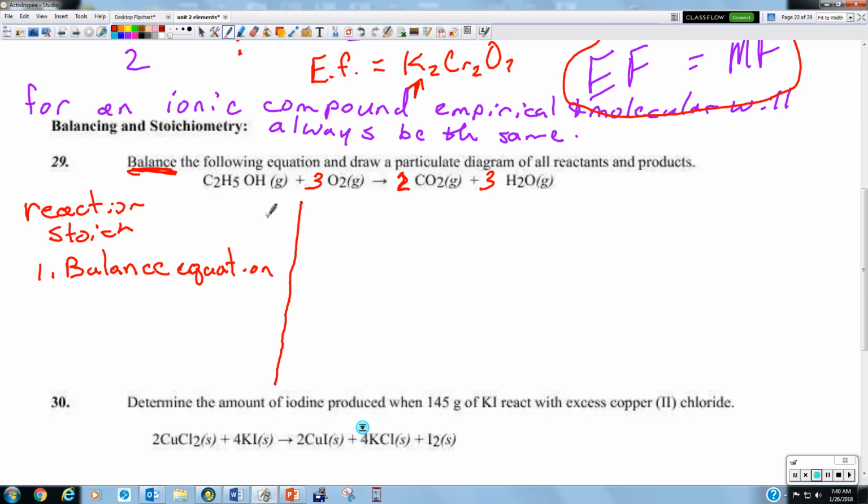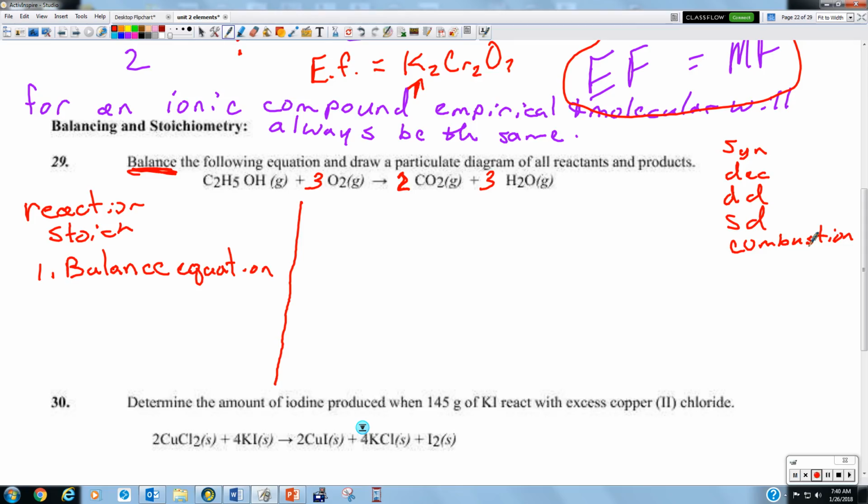Now, just picking your brains to see if you remember what specific type of reaction this is. Remember, we have synthesis, decomposition, double displacement, single displacement, and combustion. Synthesis is where you have 2 smaller things coming together to make one large thing.